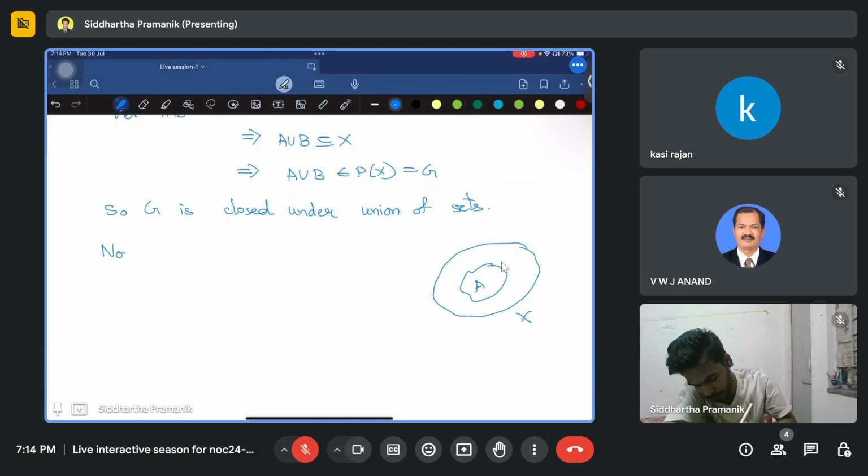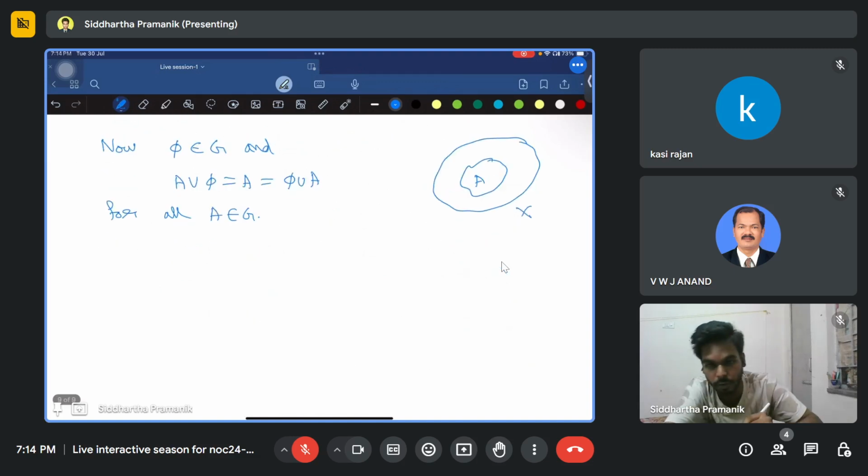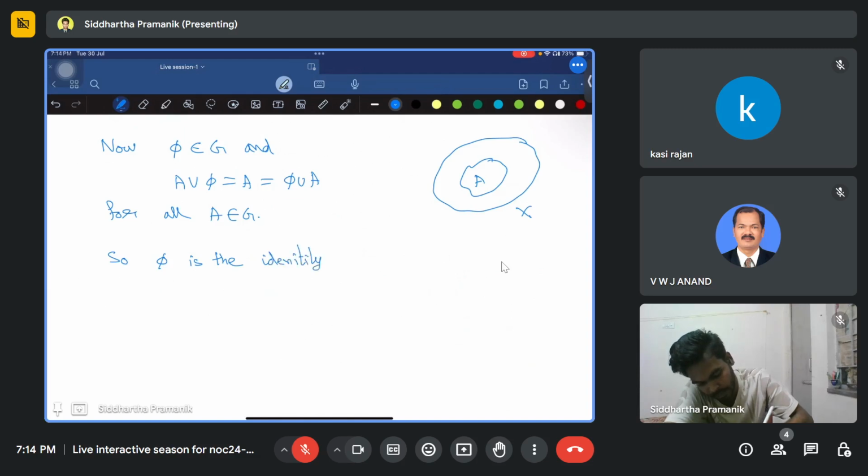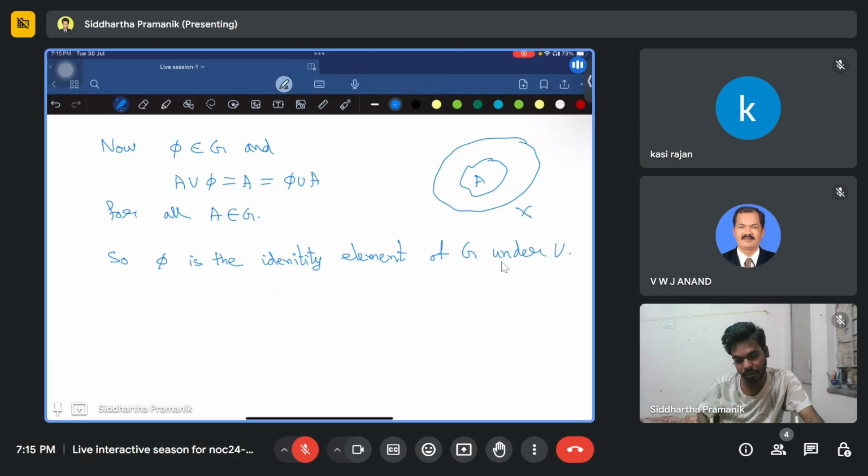Now phi belongs to G, and A union phi is the same as A, and the same as phi union A, for all A in G. So the empty set is the identity element of G under union of sets. So the first two properties hold.